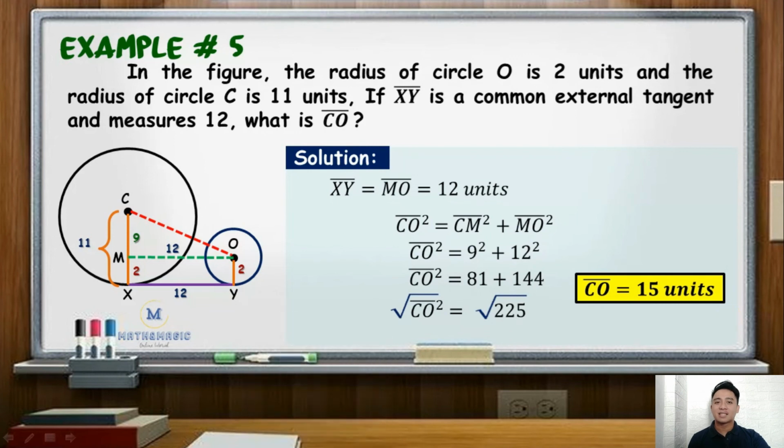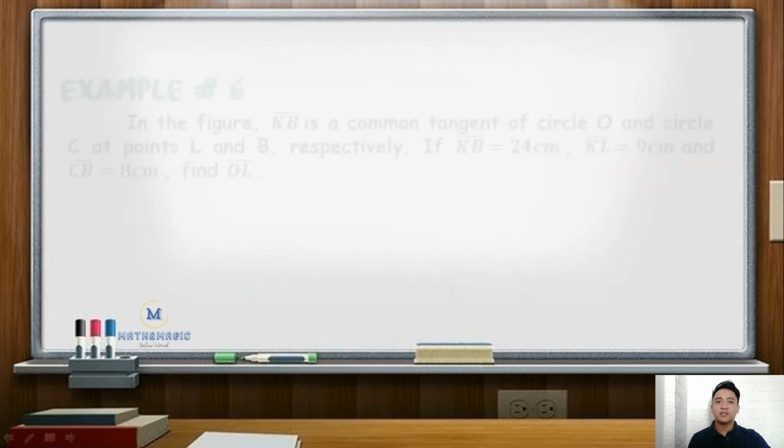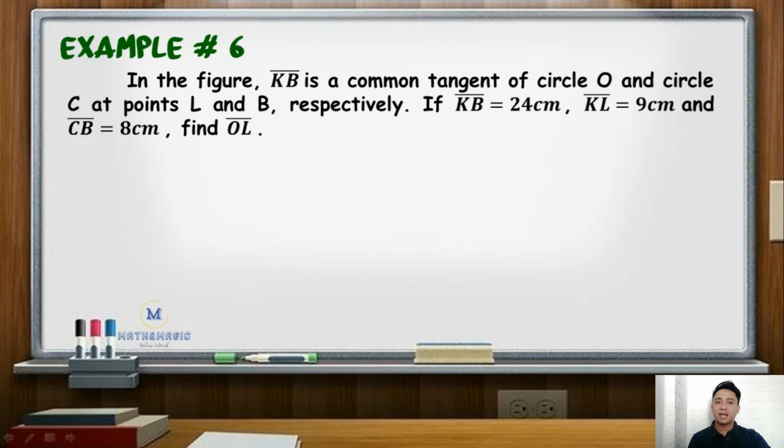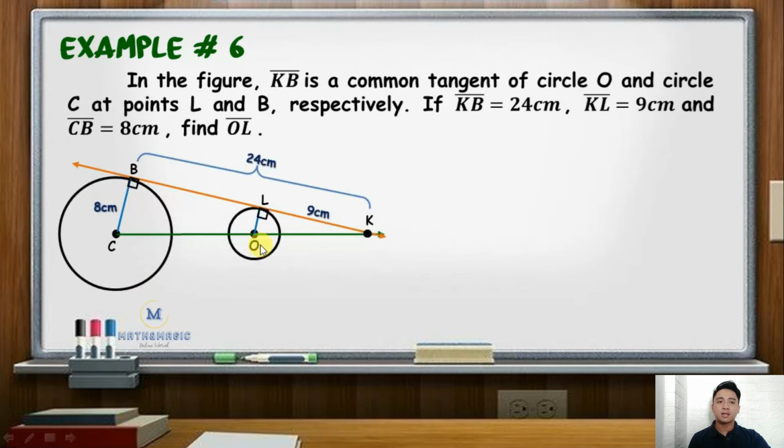For our last example, in the figure, segment KB is a common tangent of circle O and circle C at points L and B respectively. If segment KB is 24 centimeters, segment KL is 9 centimeters, and segment CB is 8 centimeters, find the length of segment OL.